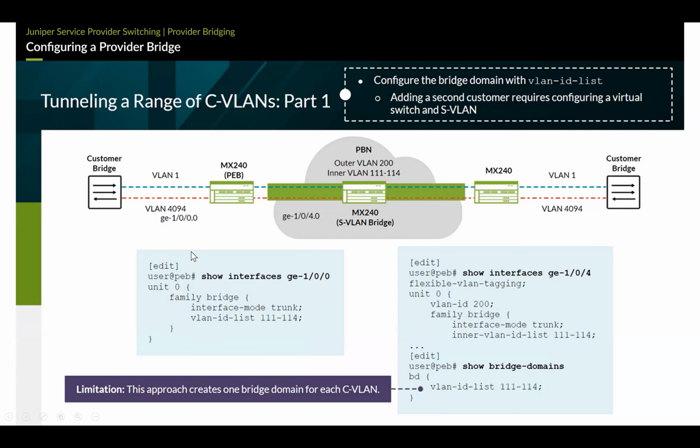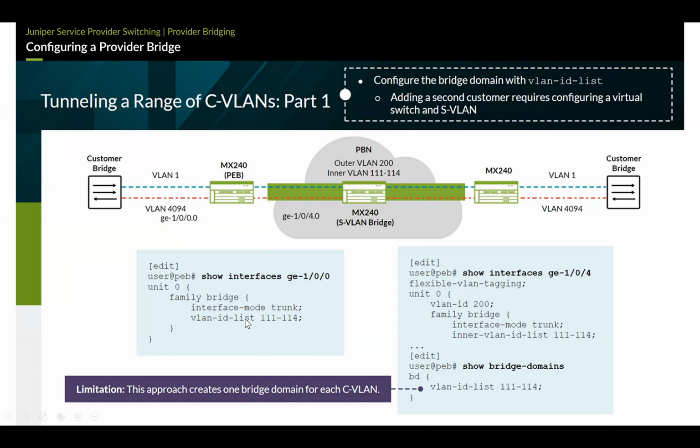And another example: tunneling a range of C-VLANs. If you have a range of VLANs, the range can be VLAN ID 1 to VLAN ID 4094. Consider this is the customer interface connecting with the PEB. This is the sample configuration, the range basically: family bridge, interface mode trunk, and this is the VLAN ID list.